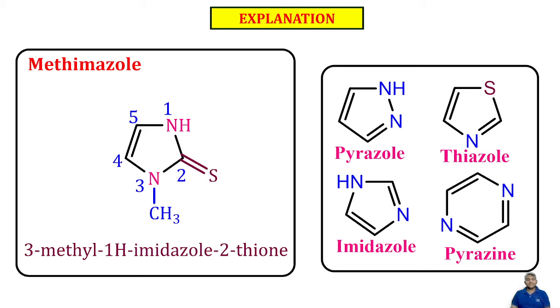You can see that pyrazole has a 5-membered ring structure with 2 nitrogen. Next, thiazole has a 5-membered ring structure with sulfur as well as nitrogen as the heteroatoms. Imidazole is again a 5-membered ring structure having 2 nitrogen at the 1st and 3rd positions. Then we have pyrazine, which also has 2 nitrogen at the 1st and 4th positions. So 3-methyl and 1-hydroxy imidazole-2-thiol is the structure of your methimazole.